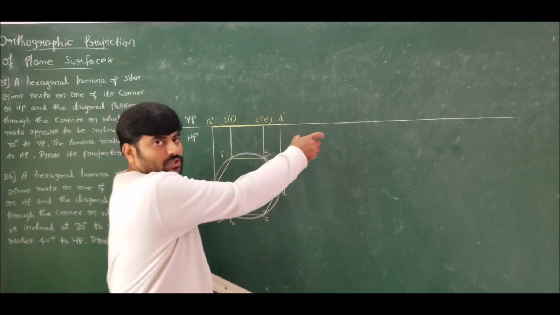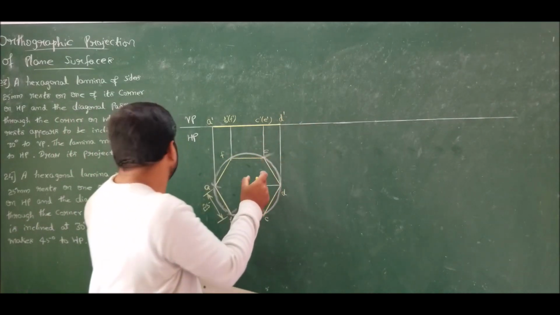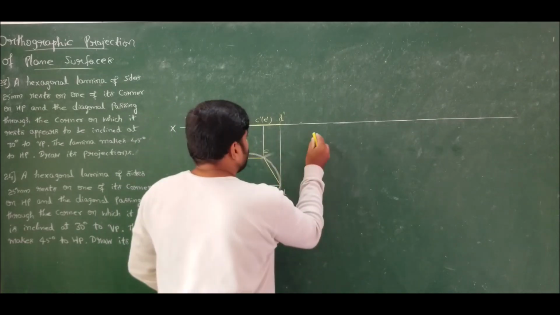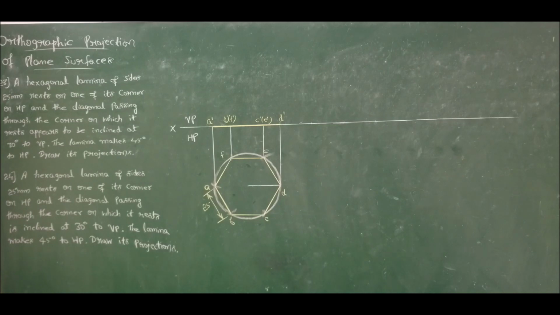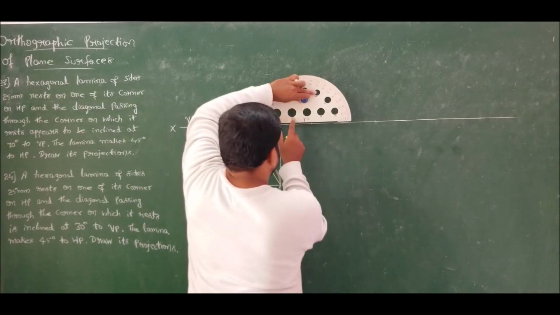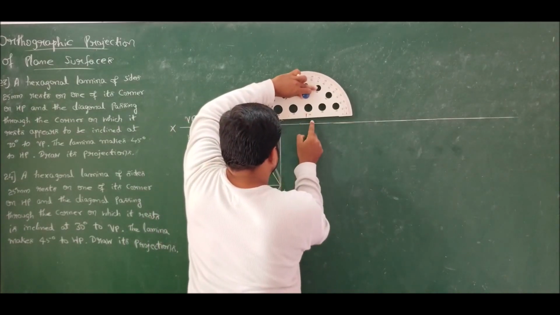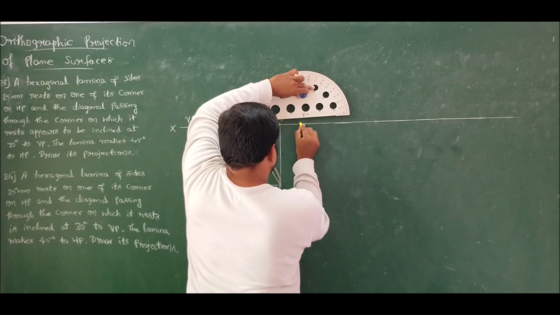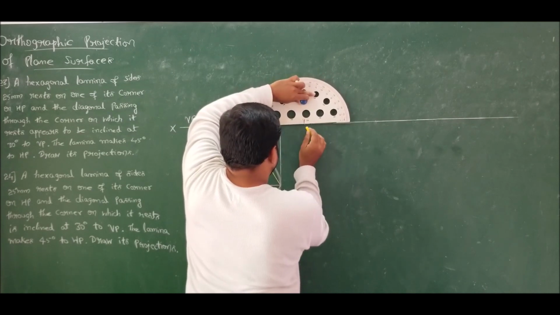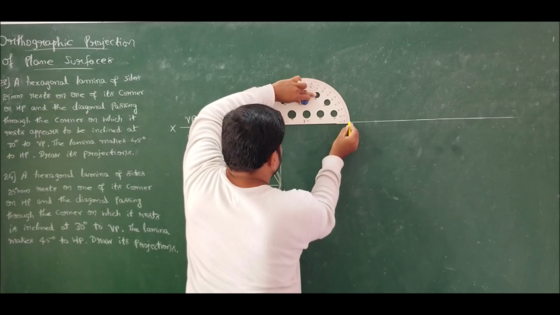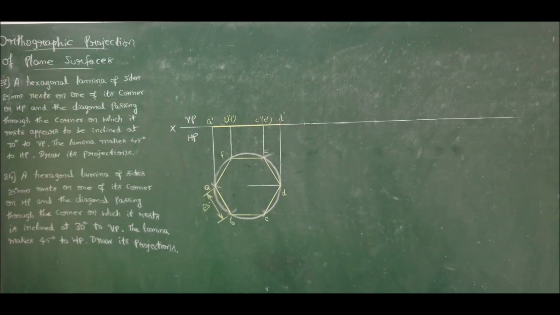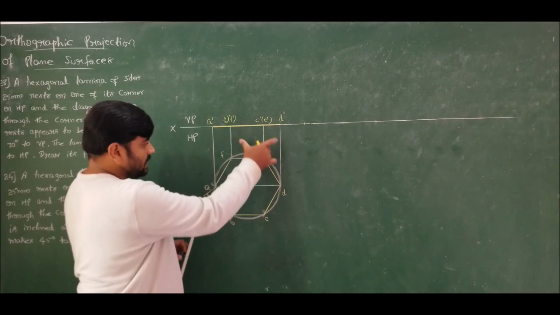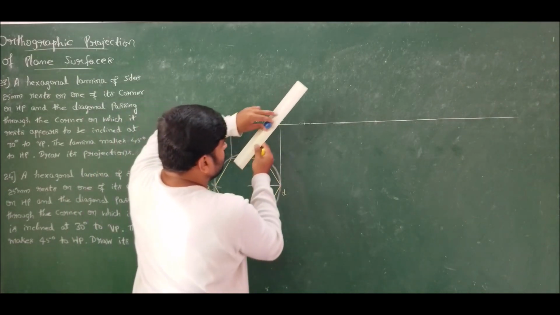Now the second position should show inclination with respect to HP itself. He says that the lamina is inclined at an angle of 45 degrees to HP. So draw 45 degrees. Let me draw a bit closer. We know the length of the lamina is equal to the diameter, which is 50 mm.